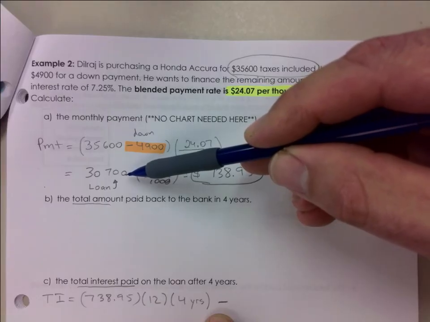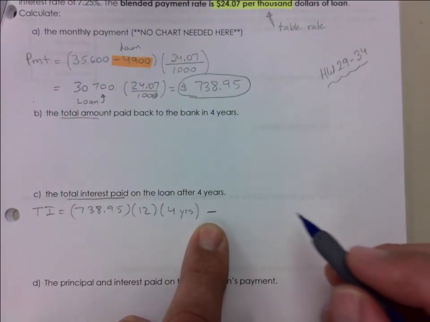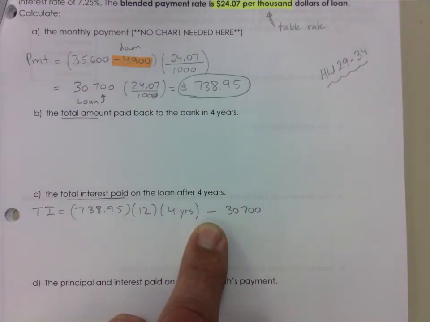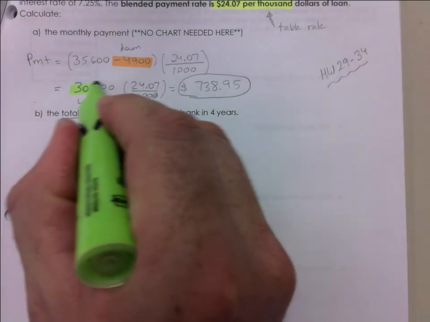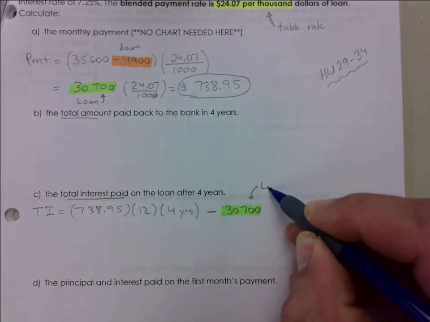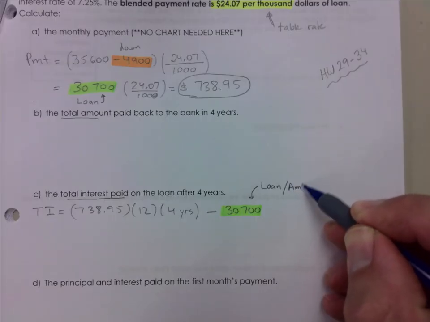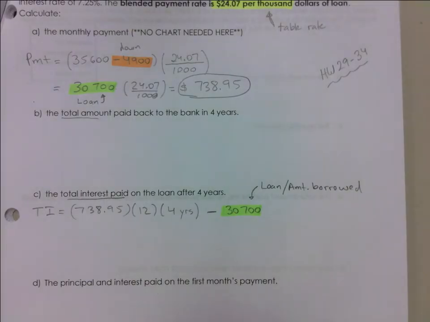So it's the loan, okay? So when you subtract, you want to subtract the loan from it. So I'm actually going to highlight that. I haven't used green yet. Right, it's the loan. You want to subtract the loan or what we call the amount borrowed, okay? So I'm just giving you a little hint there. And I'll show you the key in a bit.